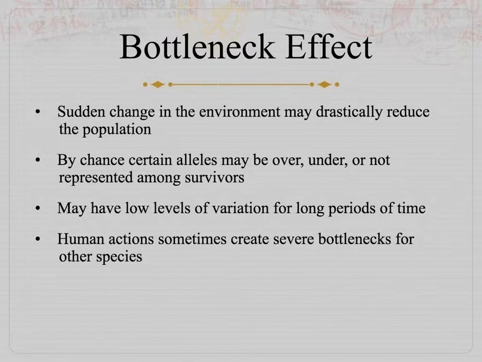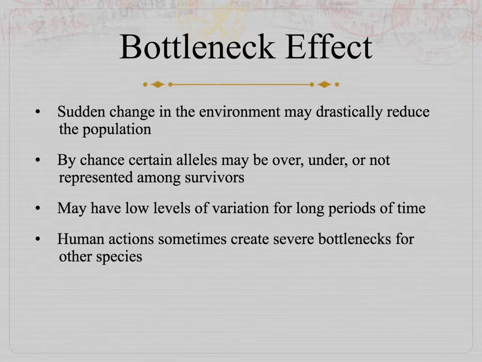Another one is the bottleneck effect. The bottleneck effect usually happens when there's a sudden change in the environment. And for some reason, whatever that sudden change is, it drastically reduces the numbers of the population. Just by chance, because of that drastic reduction, certain alleles may be either overrepresented, underrepresented, or not represented at all, meaning completely lost.